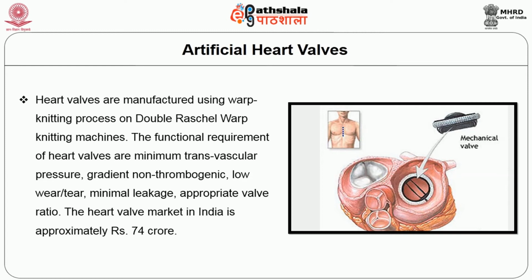The functions required for heart valves are minimum transvalvular pressure, guaranteed non-thrombogenic behavior, low wear and tear, minimum leakage, and appropriate valve ratio. The heart valve market in India is approximately Rs 74 crores.